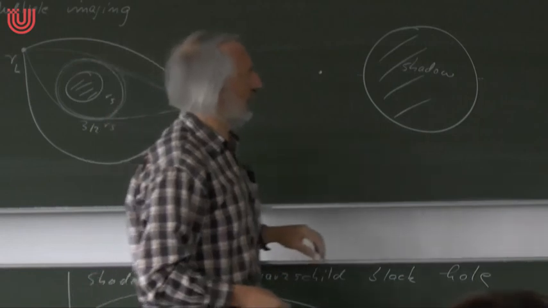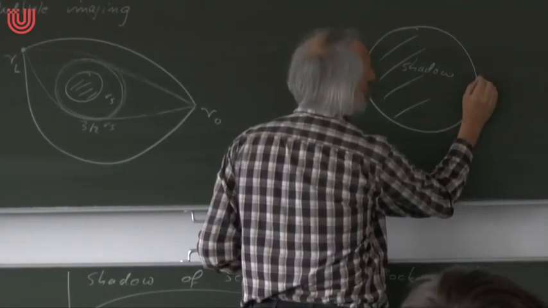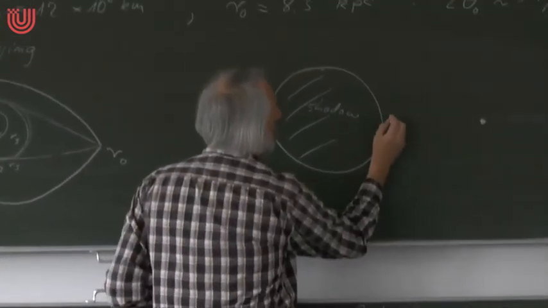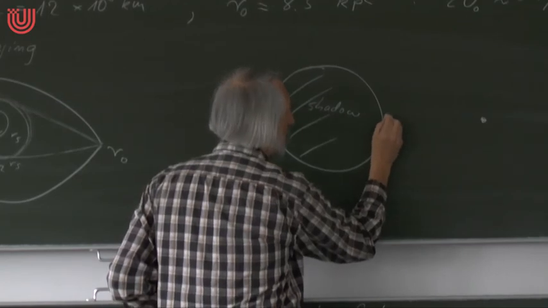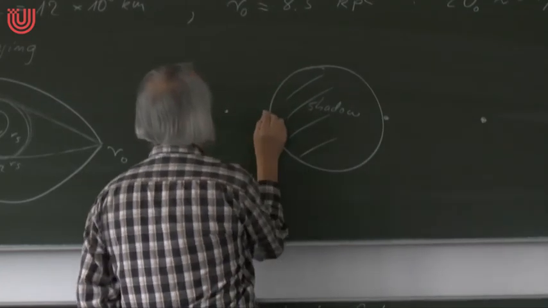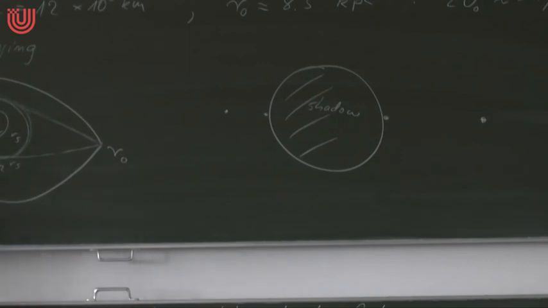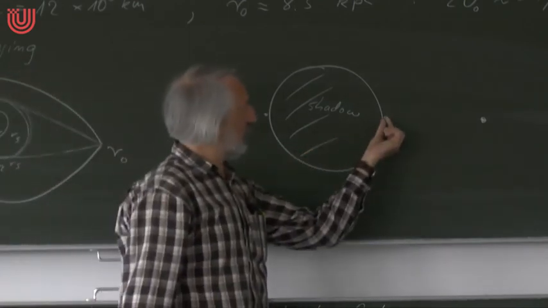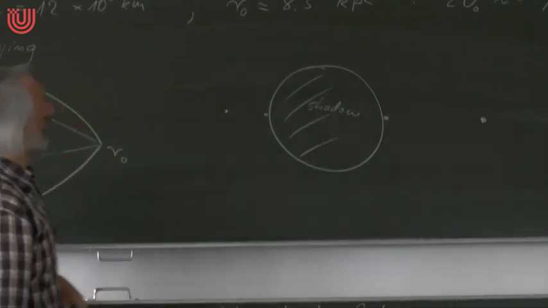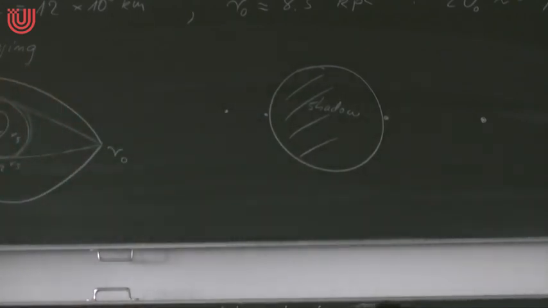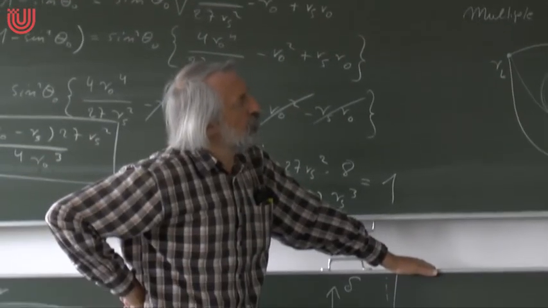And what people hope is not that they resolve these infinitely many images, but that we see at least all these things together, clumped together at another image. So it could be possible that one can just distinguish the higher order images clumped together in one image close to the shadow.